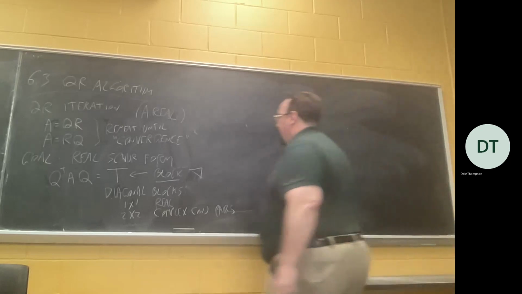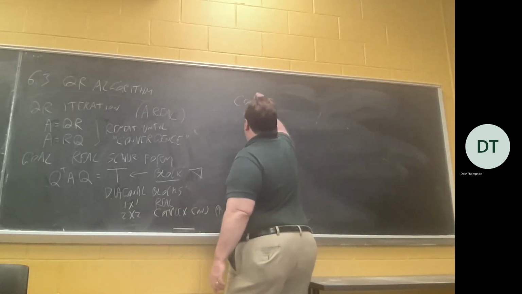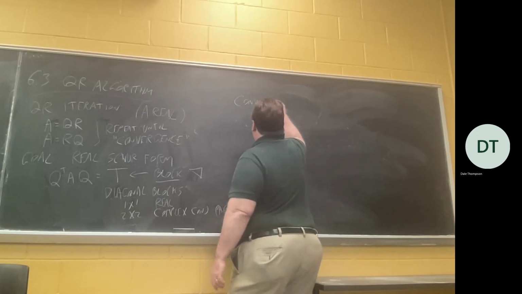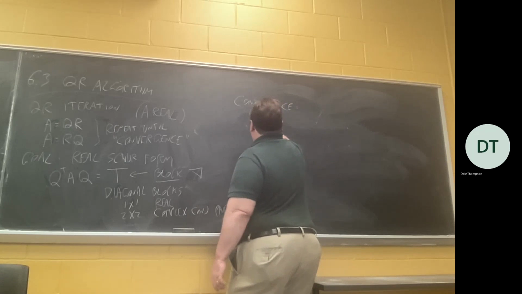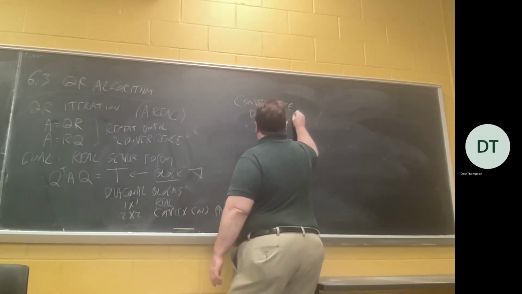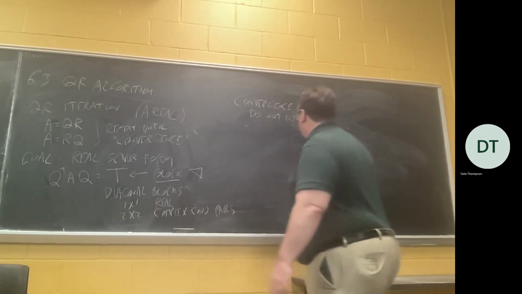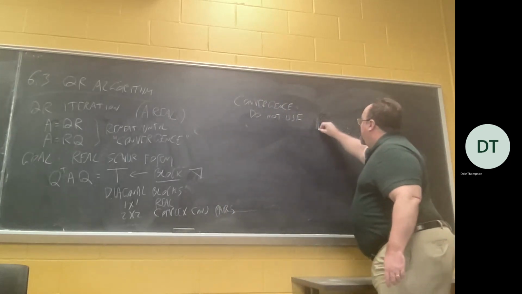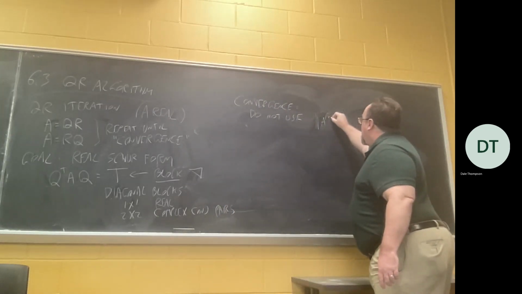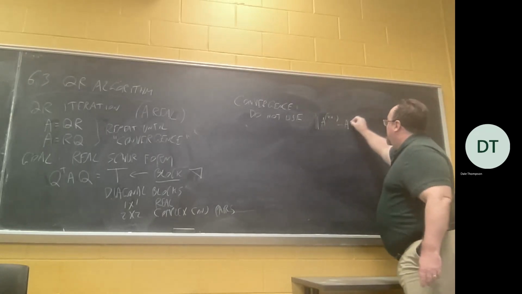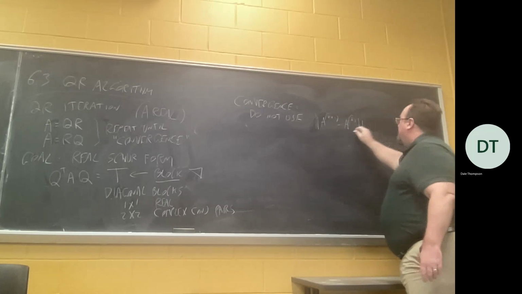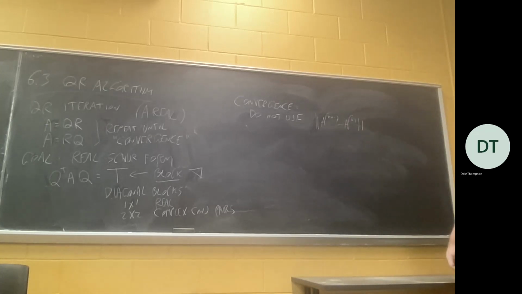So when I say convergence, I want to make even more clear what I mean by that. You would not use, like if I use a superscript k to refer to the kth iterate, because A0 is your initial matrix and you keep QR factorizing and overriding it.